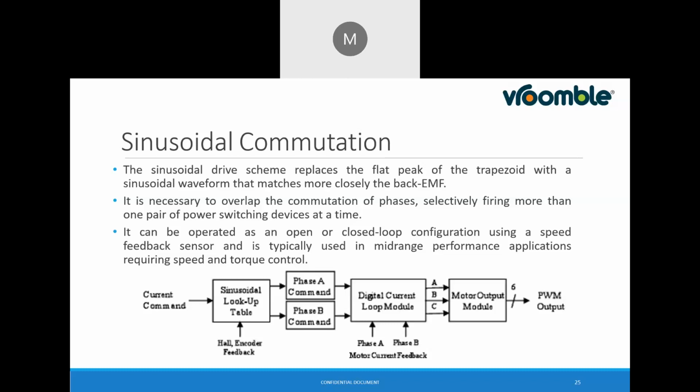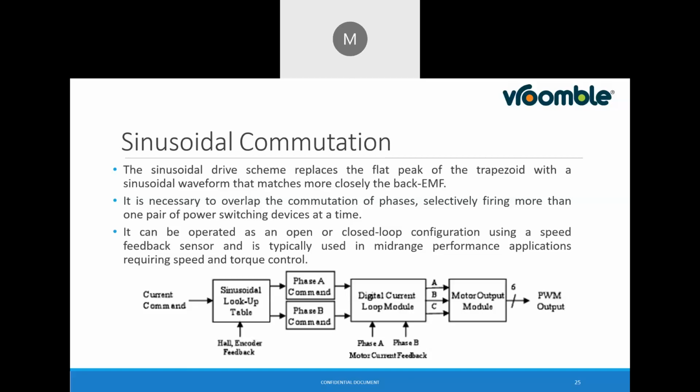Now that will be converted by a digital current lookup or digital loop module, which basically understands how much current. Ideally the AC current is directly translated into the torque requirement, and torque requirement is nothing but the speed requirement, the speed increase, right?